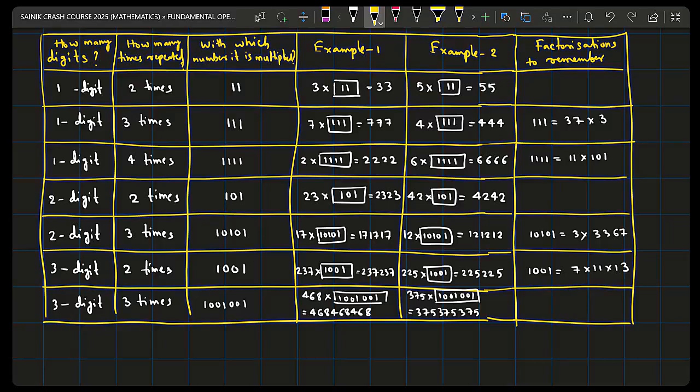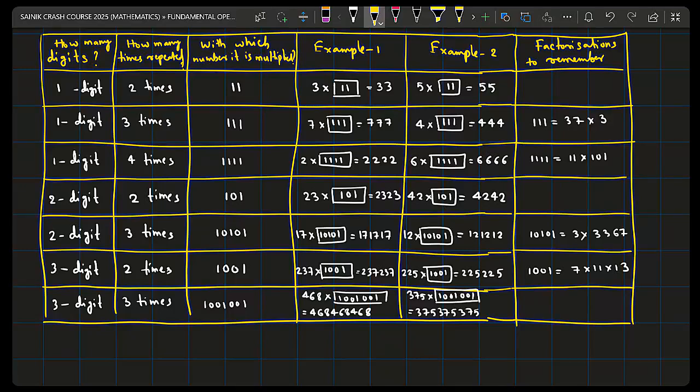Mayuk, what is your doubt? Sir, we have to repeat a 3-digit number 4 times. What number do we have to multiply by? You tell me.